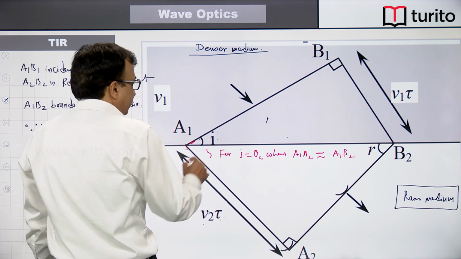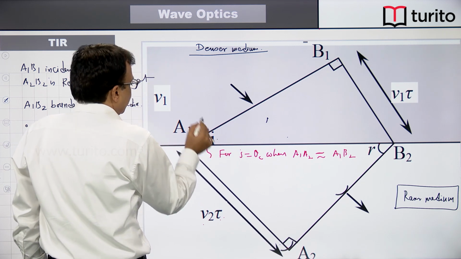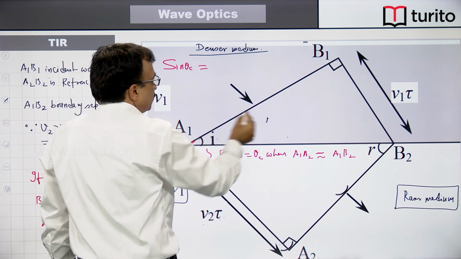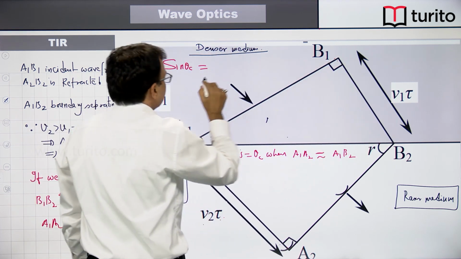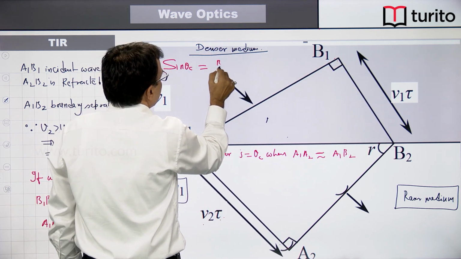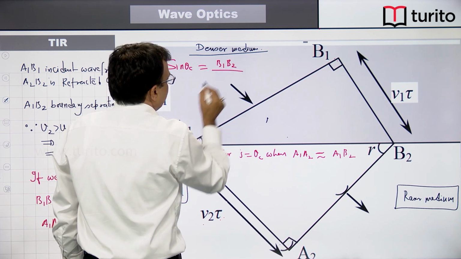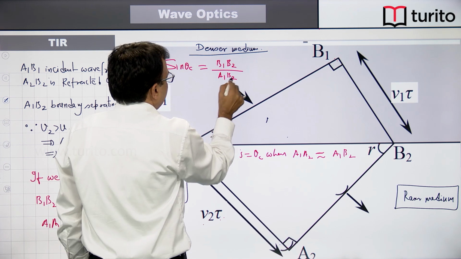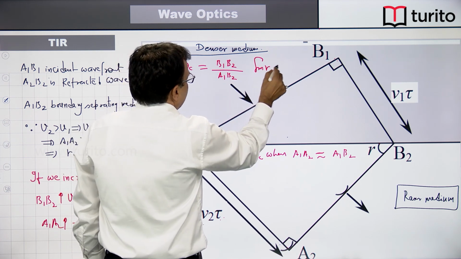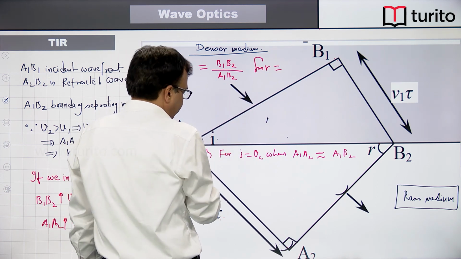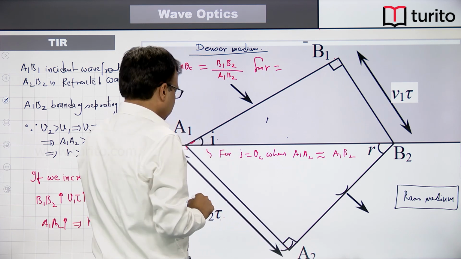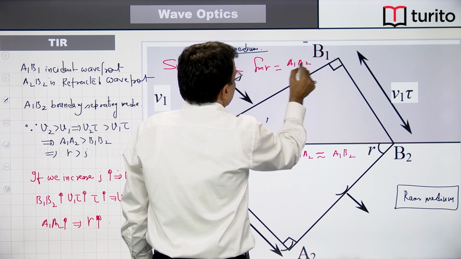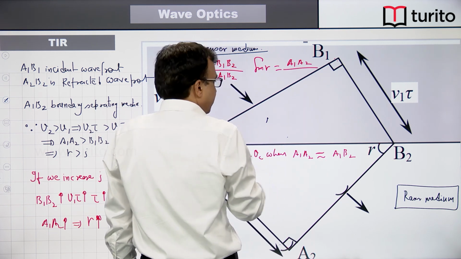So, in case of critical angle, what happens? I am taking this right angle triangle, and sin theta c equals the perpendicular B1 B2 upon the hypotenuse A1 B2, and sin r equals the perpendicular, that is A1 A2, upon the hypotenuse A1 B2.